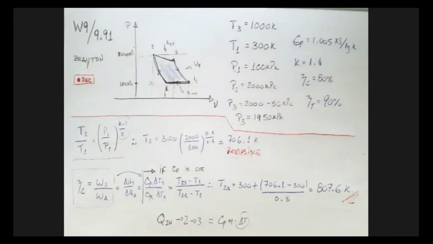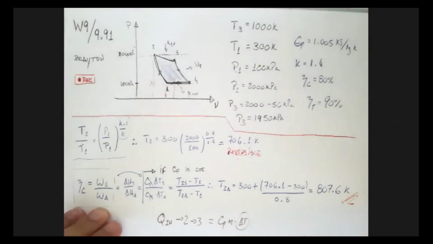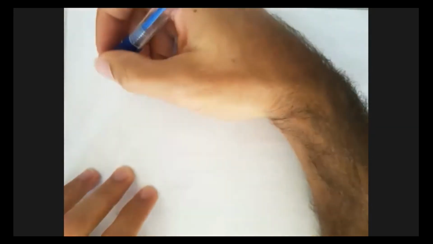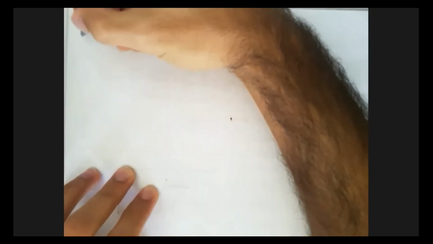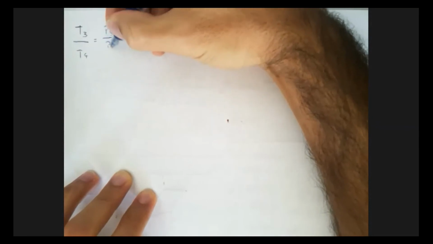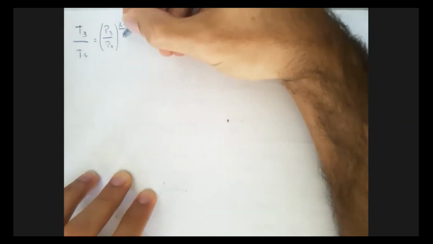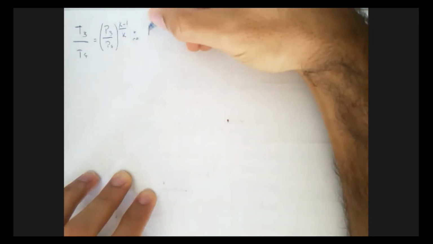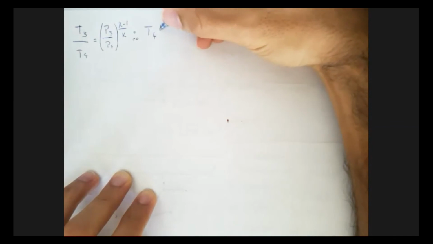All right. About to flip pages. Okay, so let's do exactly the same process for T4 now, because we have T3. Can you guys see it? Okay. T3 over T4 equals P3 over P4 to the K minus 1 over K. So therefore, T4, and don't forget, this is the reversible, right?